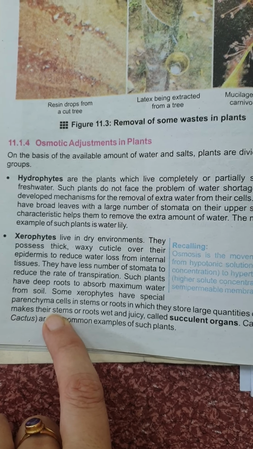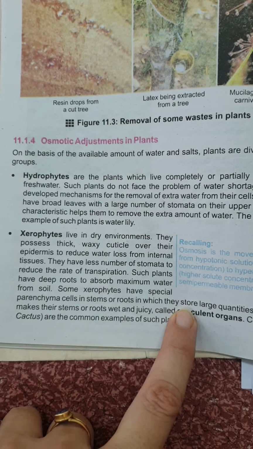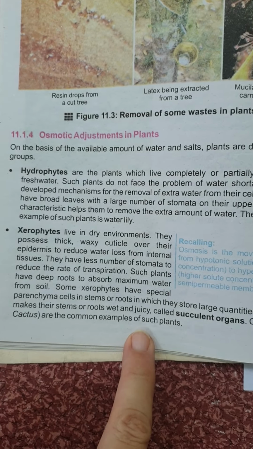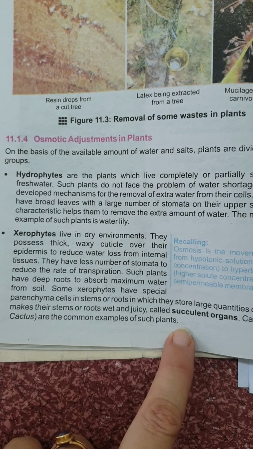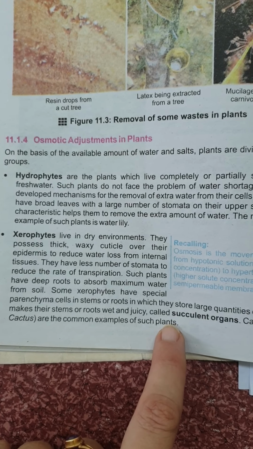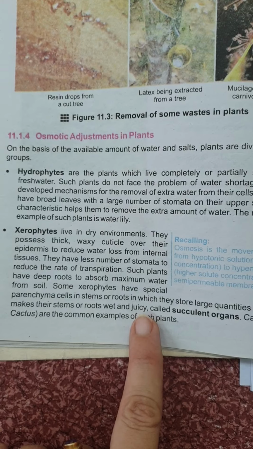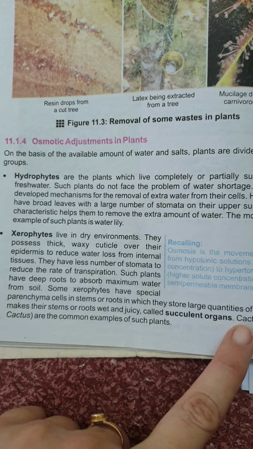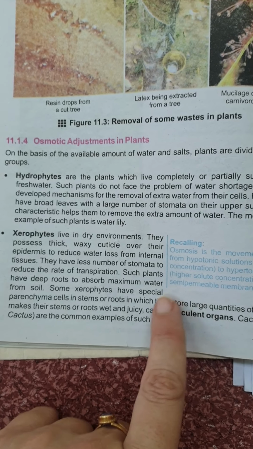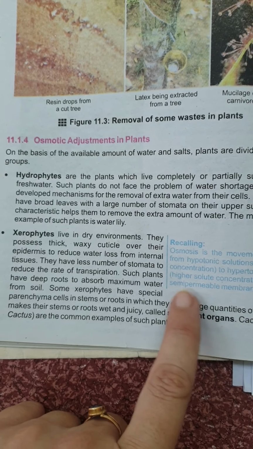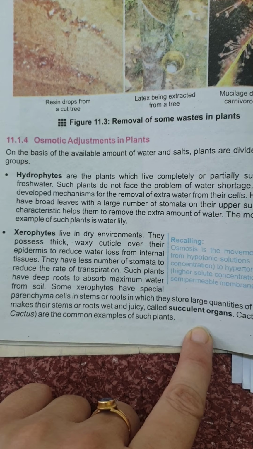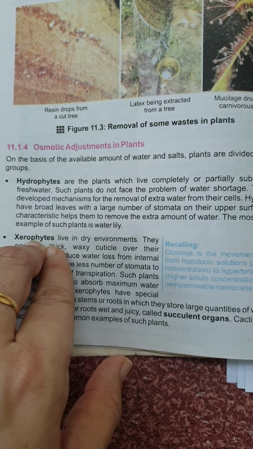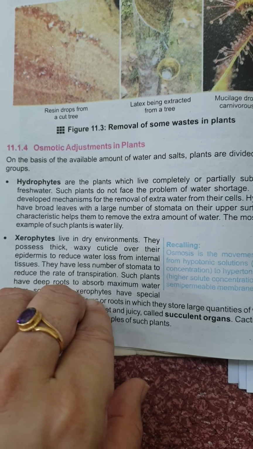When there is rain, they absorb more water. They keep that water in the parenchymatous cells for storage, and when there is a dry environment, they can use that stored water. Such organs are known as succulent organs, which are used for the storage of material required in the future. So these are the adaptations of xerophytic plants for their osmoregulation.